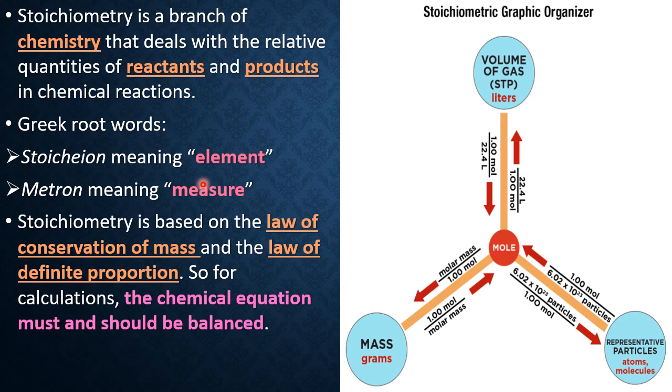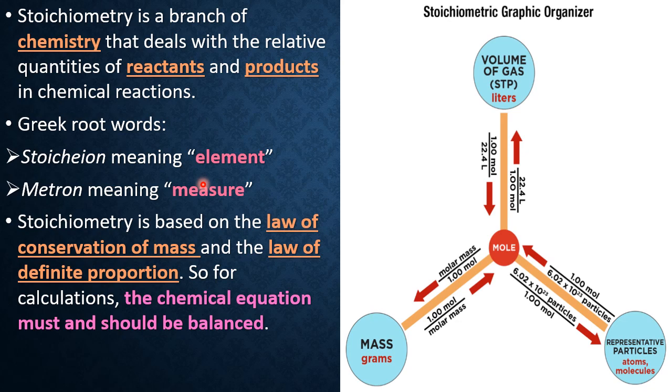Remember, stoichiometric calculations depend on two laws. First is the law of conservation of mass. Why? Because in the beginning we discussed that for stoichiometry we want a chemical equation in the balanced condition. When it is balanced, the law of conservation of mass holds good 100%. And second law, what?